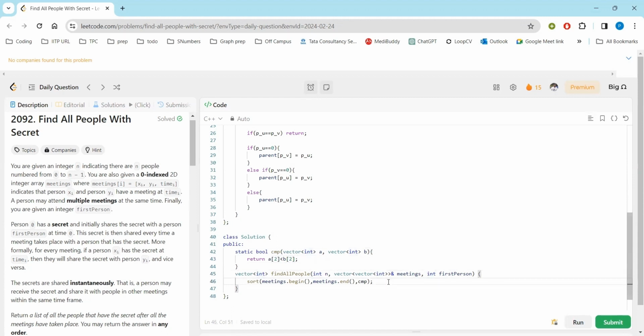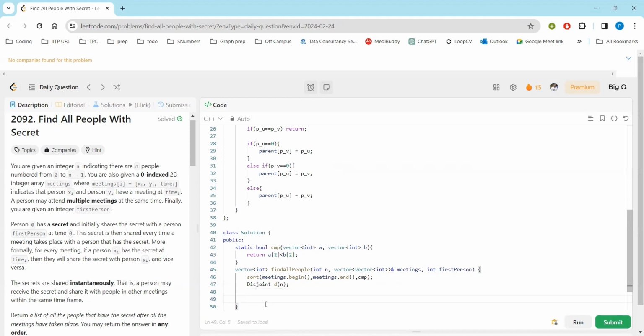Now, after sorting the vector, we will create a disjoint set D of size n. That means we have n people, so we will create a disjoint set of n.